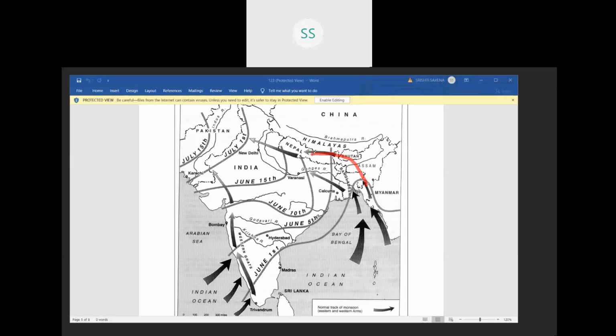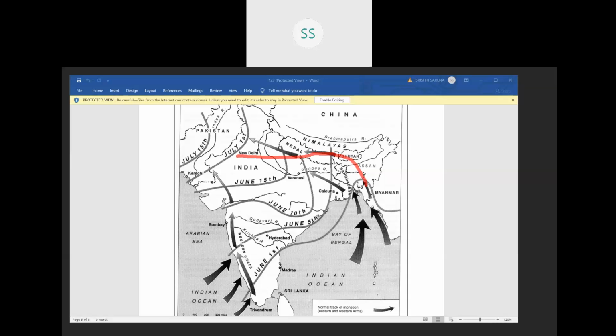Now they are moving towards the western part of India, that is towards the Ganga plains and to the west, where there is very low pressure. So the winds reach Delhi or the northern plains at the end of June, near about 29th June or the first week of July.